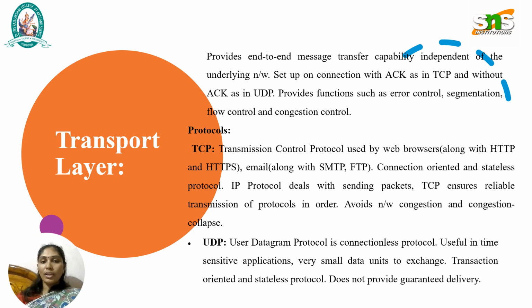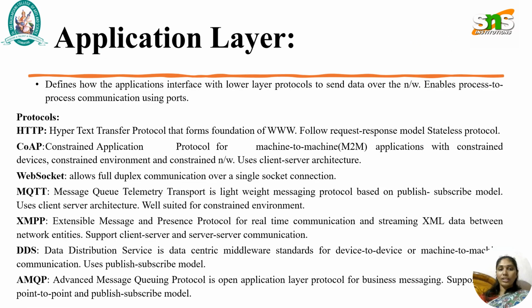It is a fully connectionless protocol, useful in time-sensitive applications with very small data units to exchange. So UDP is used to send a small quantity of data from one place to the other. It is transaction oriented and stateless. One of the drawbacks in the transport layer is that it does not provide guaranteed delivery.